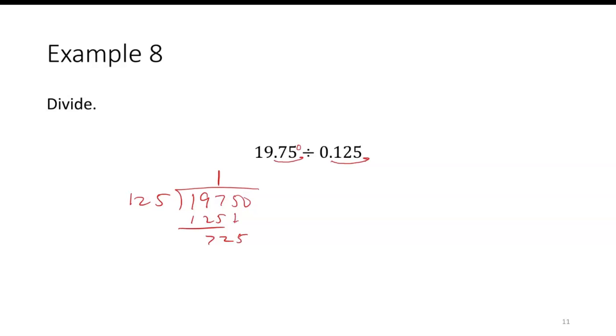Let's see. 125 goes into 725. 6 is probably too much, so let's try 5. 25, 10, 12, 5, 6. So 100 remainder. And then carry down the next 0. 125 goes in 1,000 8 times even. So this 19 75/100 divided by 125 thousandths comes out to be 158.